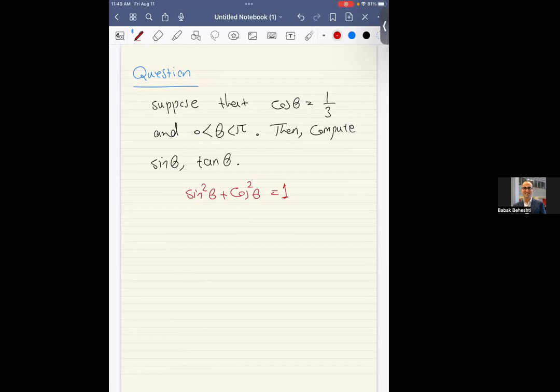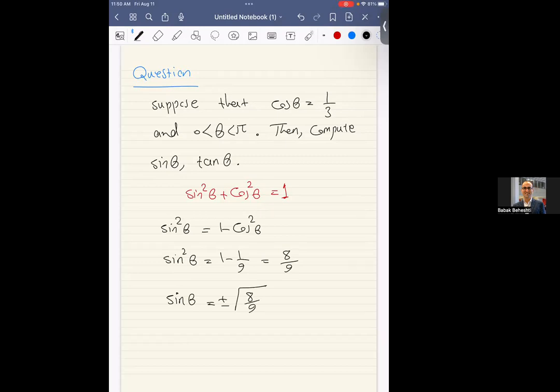So either you can use this. This is the first solution. If you use this identity, then sine square of theta equals 1 minus cos square of theta. Here cos theta is 1 over 3, so it's 1 minus 1 over 9, which is 8 over 9, right? So sine theta is either plus or minus square root of 8 over 9.